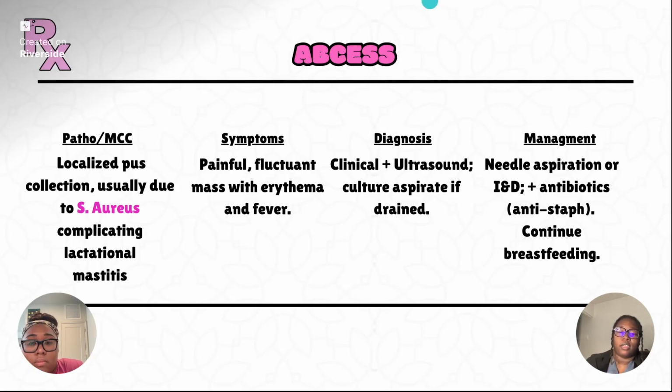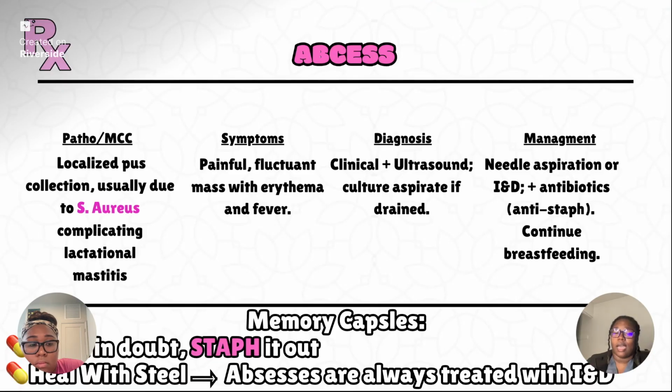And then just to have some memory capsules here. The first one, when in doubt, staph it out. If you don't know what bacteria is your cause, and you're sitting on the test in the PANCE and you have no idea what this is, if staph is a choice, click staph, because nine times out of ten, it's staph.